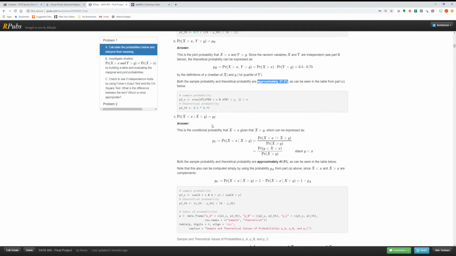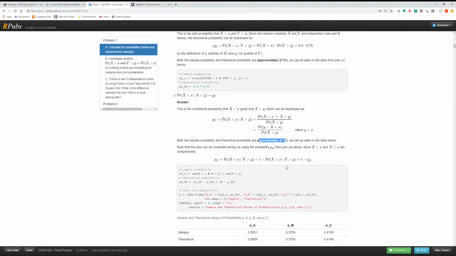The next section is the probability of x being less than little x, conditional on x being greater than little y. Again, we can compute this conditional probability based on the usual mathematical expression, and both from the actual distribution as well as the sample distribution, this comes out to approximately 41.5%.